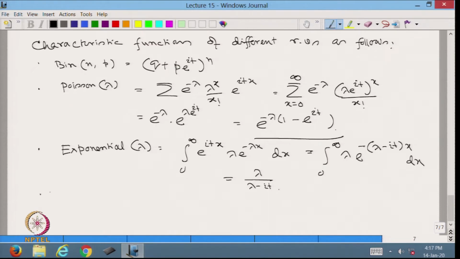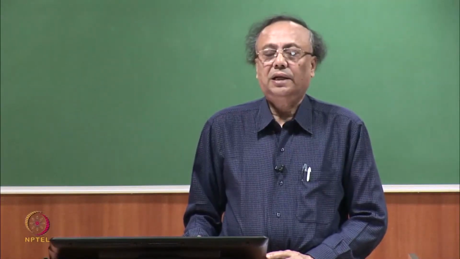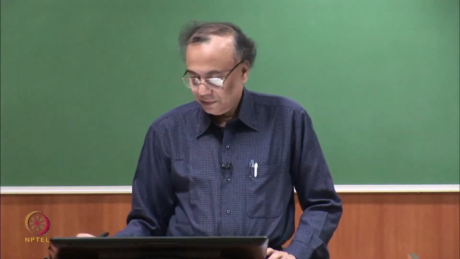Finally, for normal mu comma sigma square, its moment generating function is mu t plus half sigma square t square. Therefore, here we should get mu i t minus half sigma square t square. Okay, friends. In a similar way, we can calculate the characteristic function of different random variables.